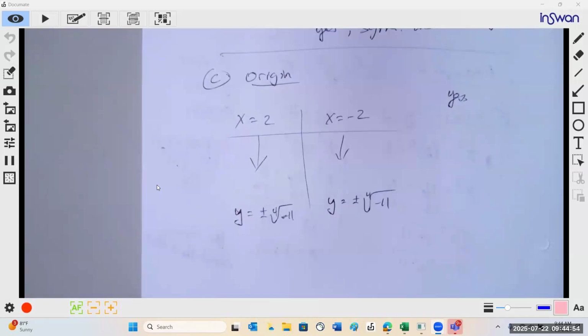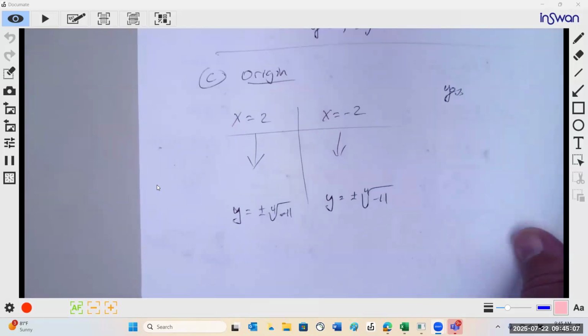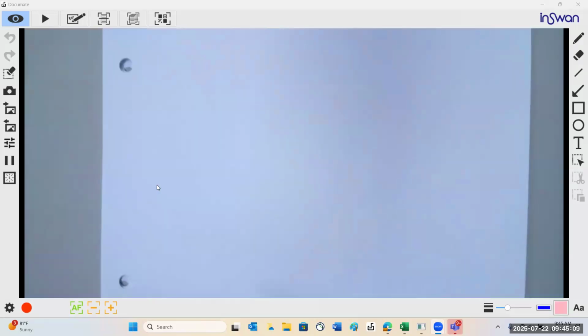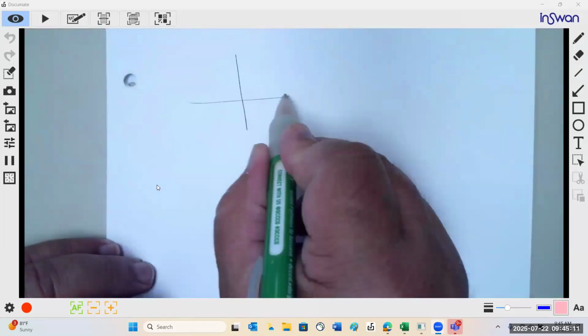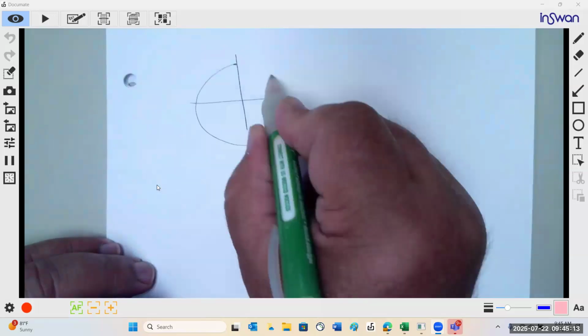Is a circle symmetric about the origin? The answer is yes and no, depending on where the circle is located. In other words, if the circle is centered at the origin, yes.